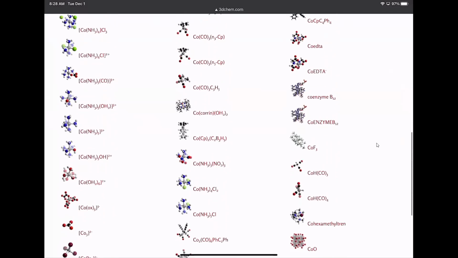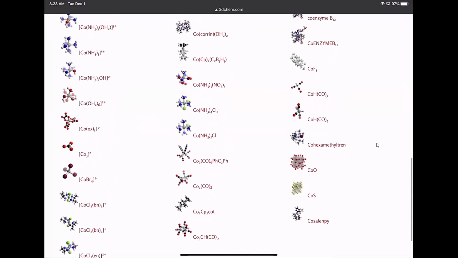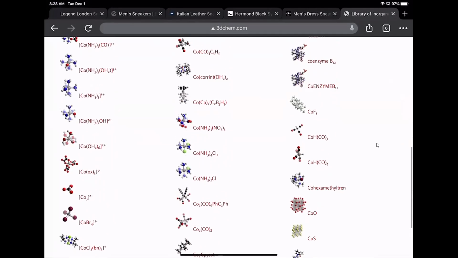Do they have? Oh, we have something with coordination number 6. So this does still represent an octahedral, but it's just going to be a different octahedral.